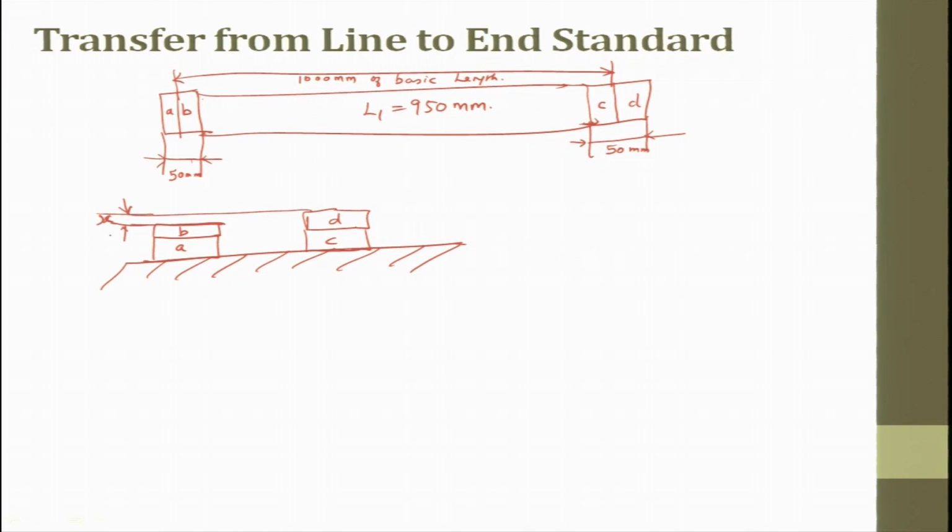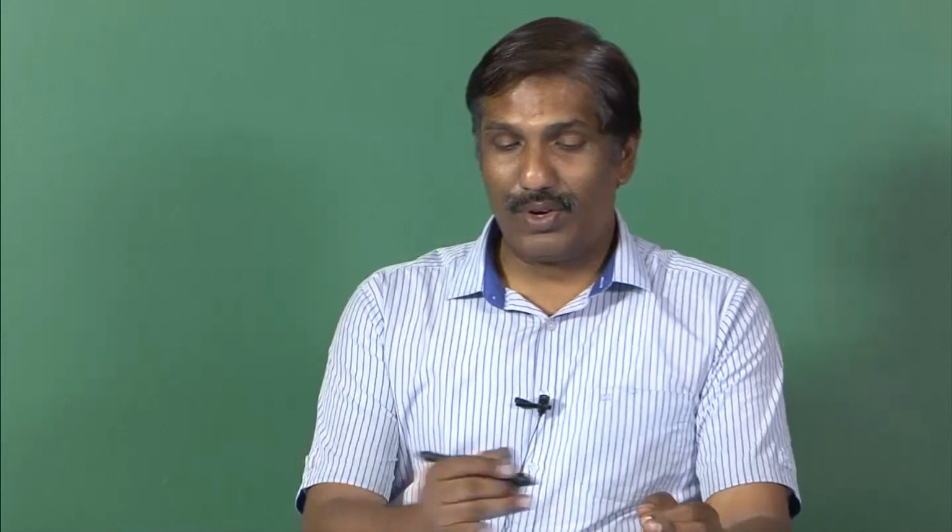So this x is a small amount of error or difference in height when I put these two blocks. Now if an error gets added to it, it becomes very difficult for you to get the basic length of 1000 millimeter.